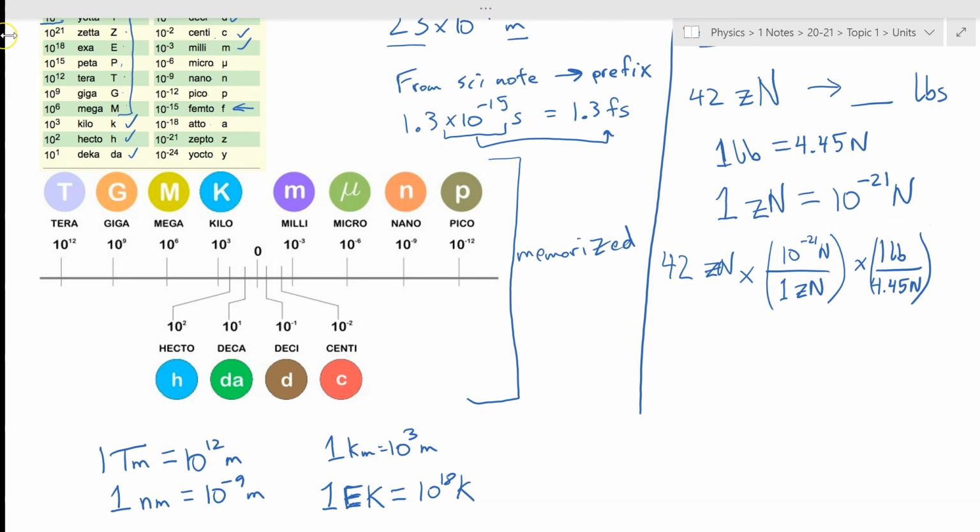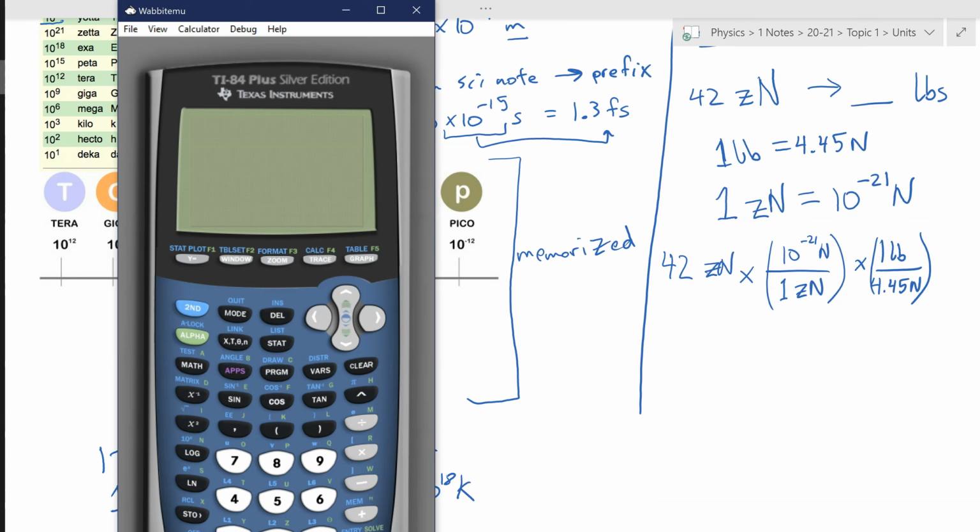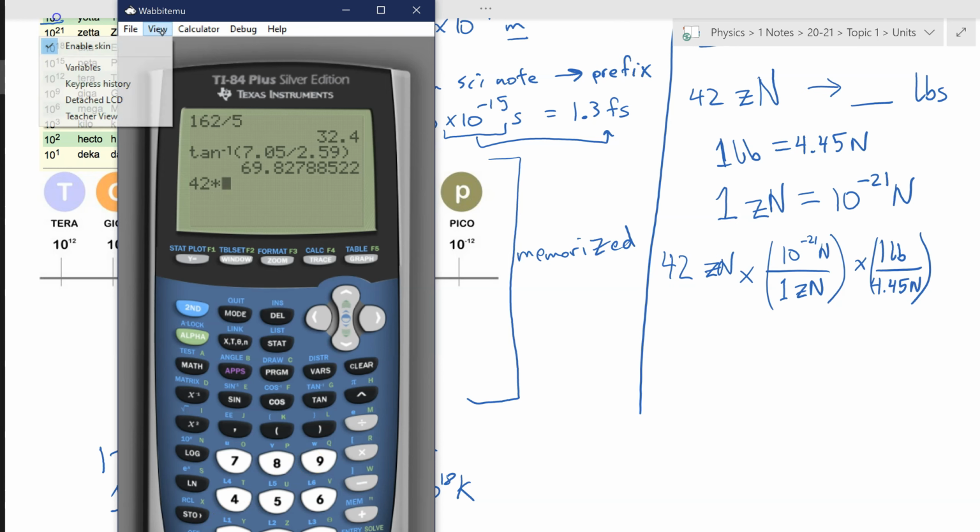And then I could do the calculation. 42 times, and then I'm going to show you how to do scientific notation on your graphing calculator, because it's not as straightforward as you might think.